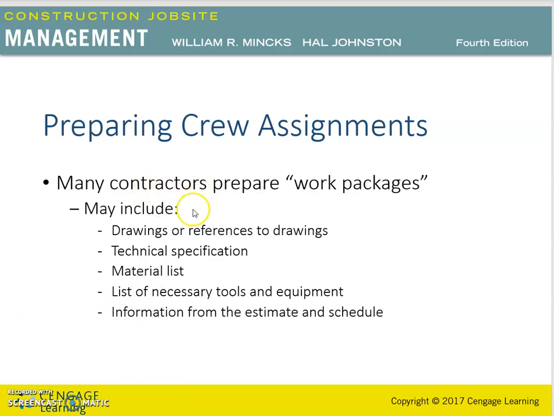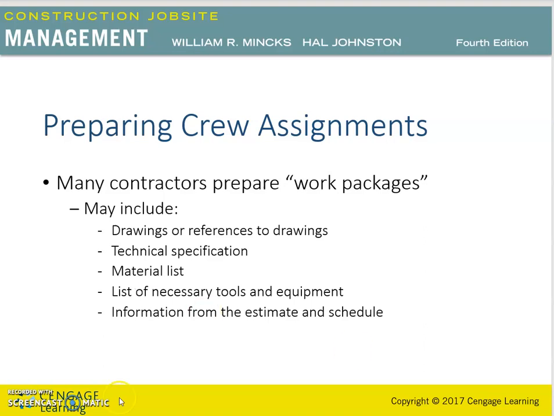The contractor's work package for the crew assignment may also include the technical specifications, which include the material and execution of the material, that can be copied and given to the crew. The list of materials can be obtained from the drawings according to the material specifications. The purchase order information can also normally be included.